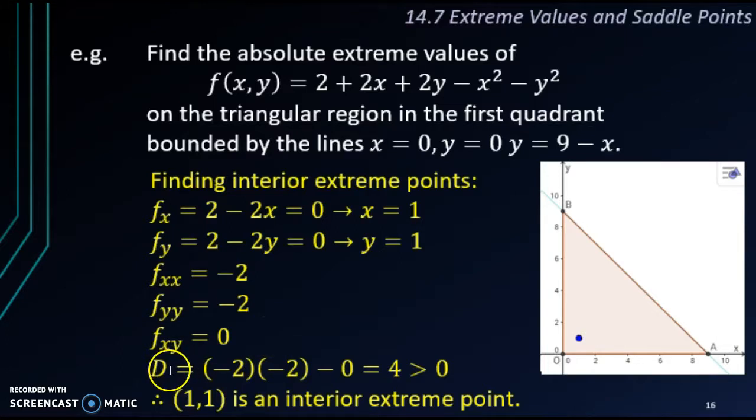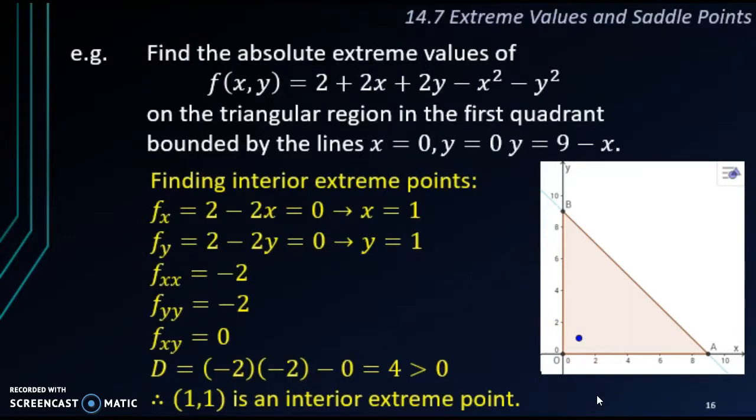Then we look for the discriminant, which is fxx times fyy minus the square of fxy, and that gives us 4. Since it is positive, the point (1, 1) is an interior extreme point, either maximum or minimum. Then we put a dot on the graph to indicate that this is one of the points we have to consider.